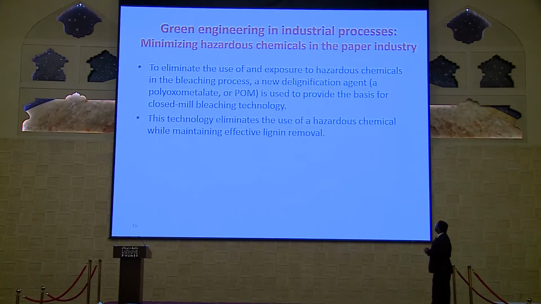We can take another example in the paper industry. To eliminate the use of and exposure to hazardous chemicals in the bleaching process, a new delignification agent, polyoxymetalate (POM), can be used, and the technology eliminates the use of hazardous chemicals while maintaining effective lignin removal.